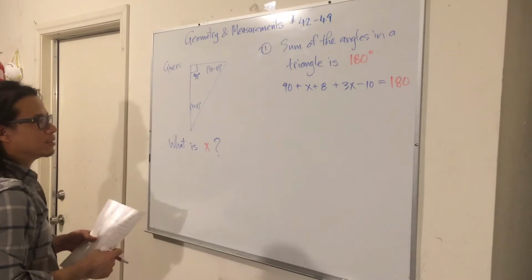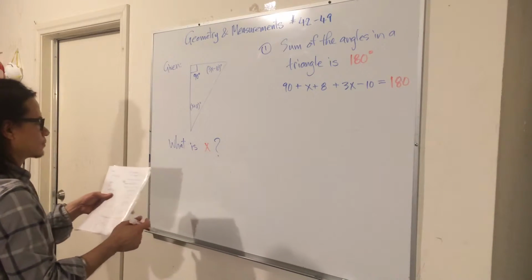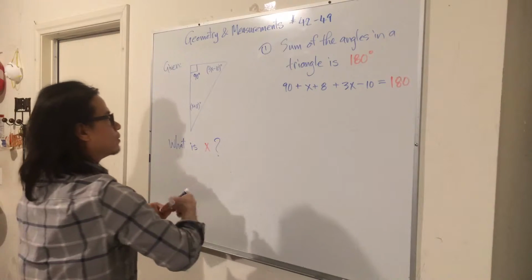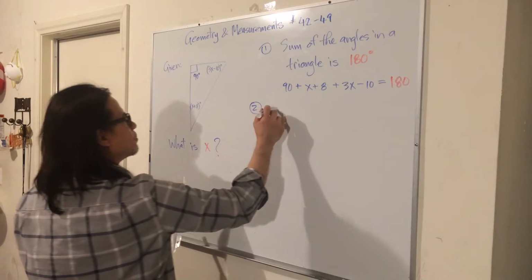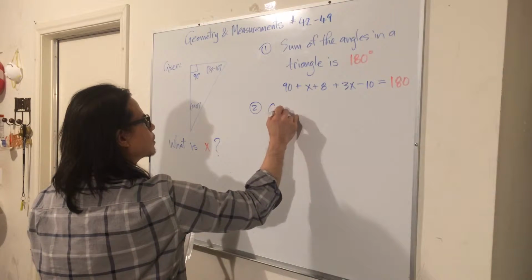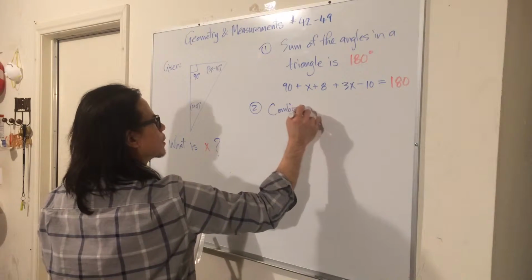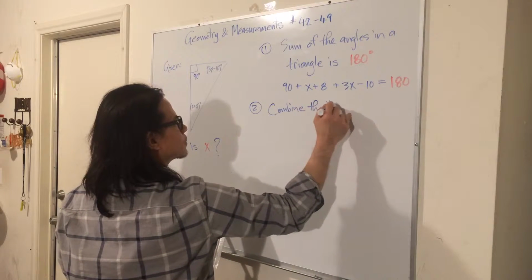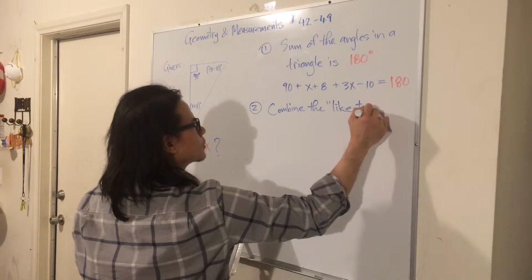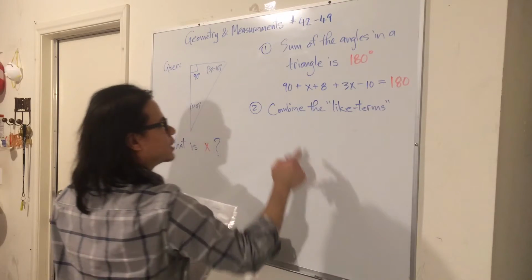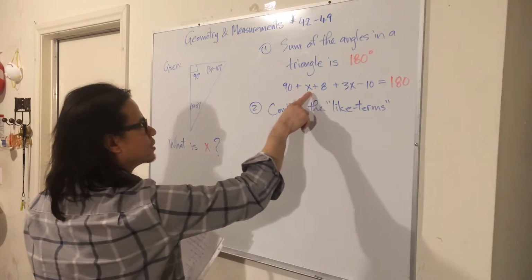Okay, this is a great starting point. Now, all we need to do is solve for x. So let's combine the like terms, meaning we can combine the x terms together.